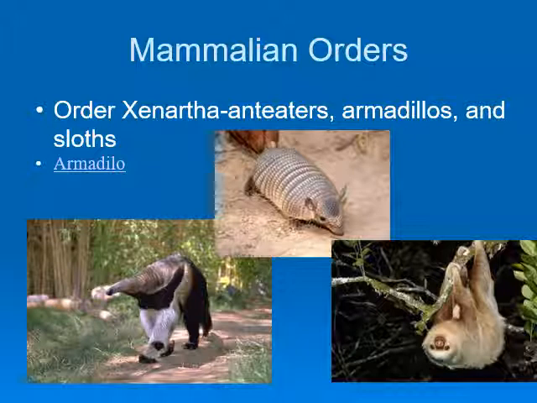So, for example, the anteaters, armadillos, and sloths are more closely related to each other than they are to other mammals. And these are always going to be based off of a few pieces of evidence. Most of the time, we're looking at things like their physical characteristics, their DNA, and then sometimes fossil evidence to kind of place these things close together if they're related.